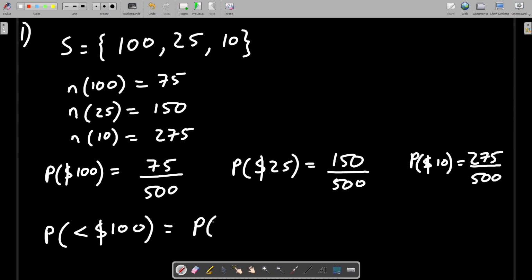So what is the situation when you have less than $100? Either you get $25 or you get $10, right? So what you'll write is probability of $25 or $10.